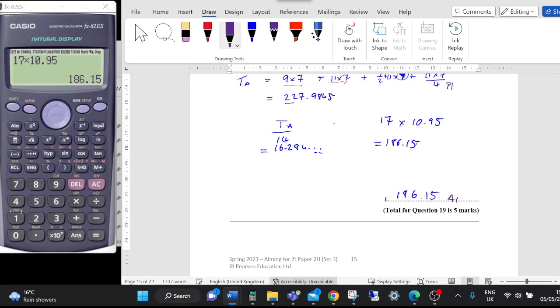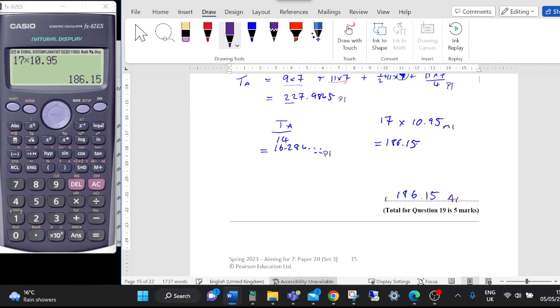A P1 for finding the total area. A P1 for then dividing that by 14. And then the final processing method mark for multiplying the 17 by 10.95, to get your 5 marks for that question.